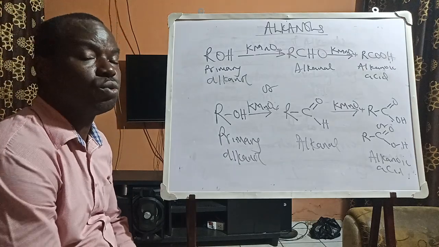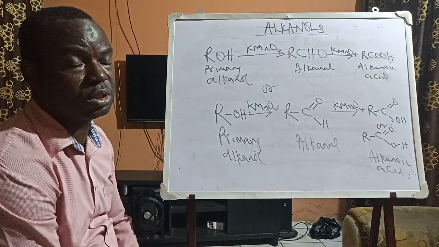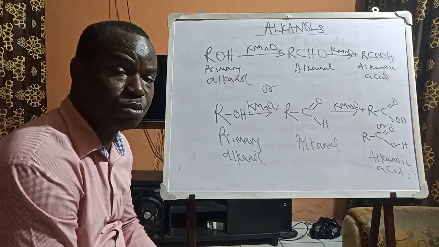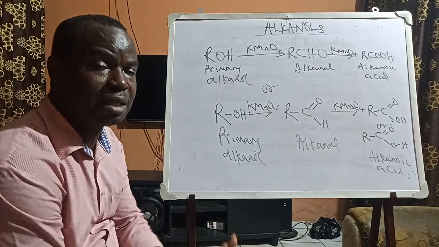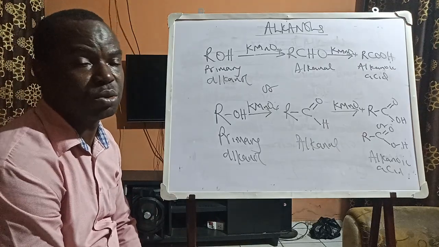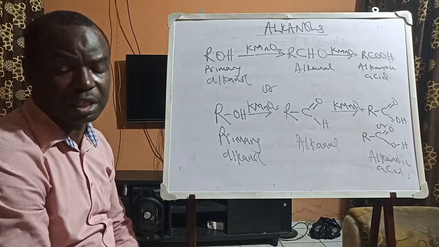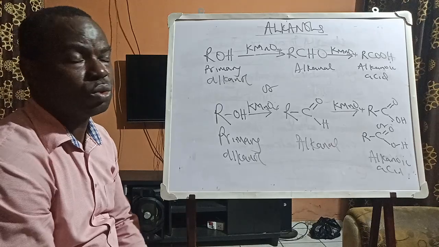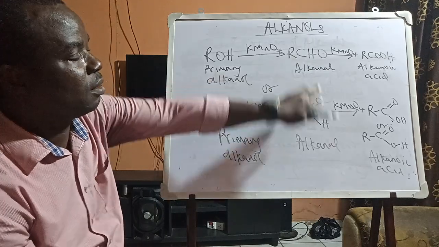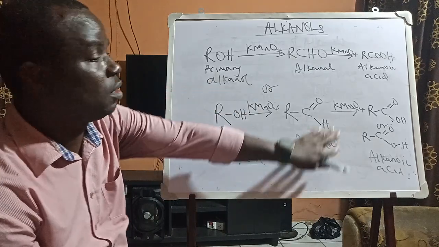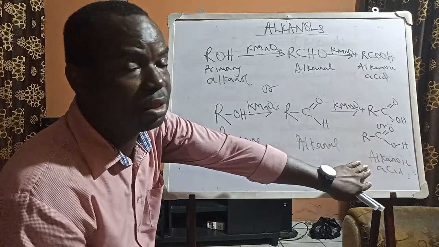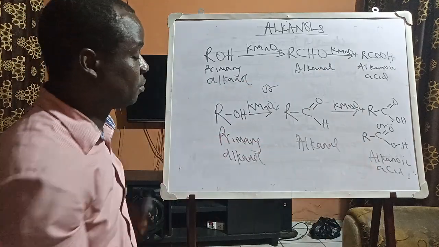I just gave you the general formula, but by the time I solve some examples, you'll be able to understand it very well, and you can give some examples. Then also try to solve some questions from your textbooks. So please take note of that.